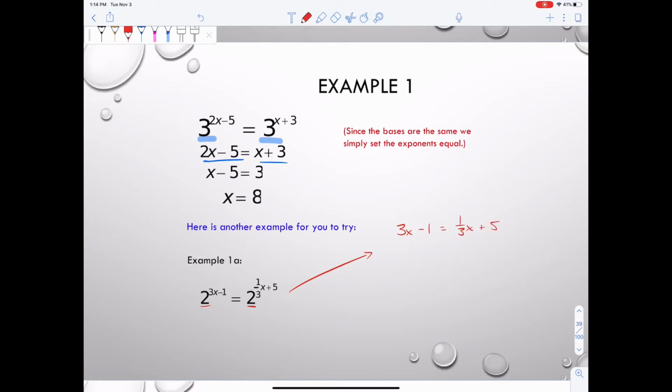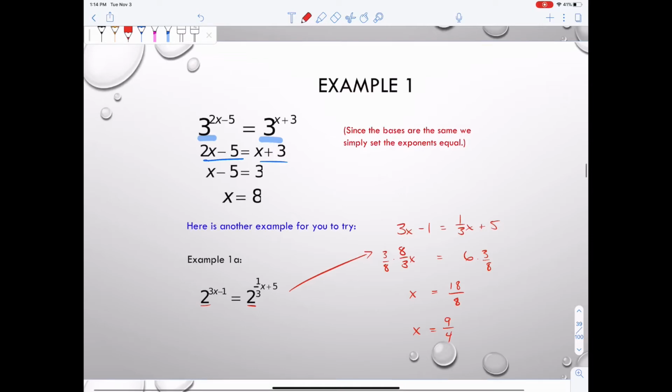From here I solve. If I subtract 1/3 x from both sides, I have 8/3 x, and if I add 1 to both sides, it equals 6. If I multiply both sides by the reciprocal, 3/8, we have x equals 18/8, or x equals 9/4.